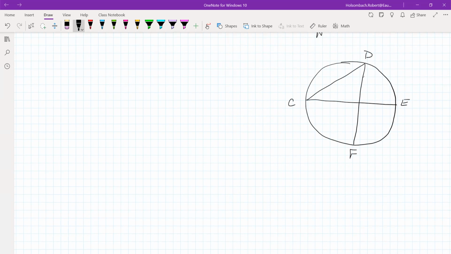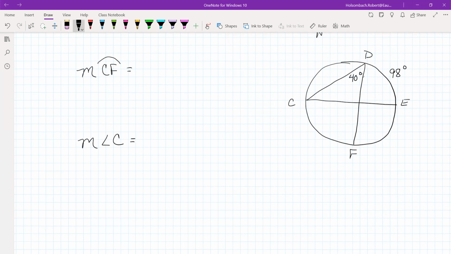Arc DE is 98 degrees. And angle D is 40 degrees. We need the measure of arc CF and the measure of angle C.